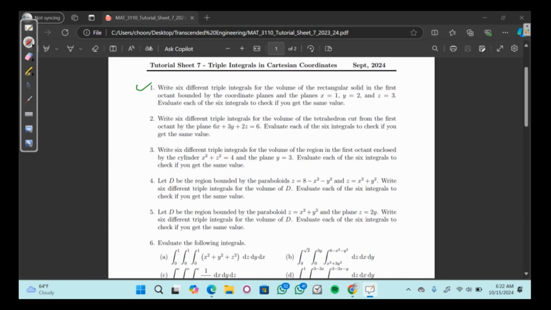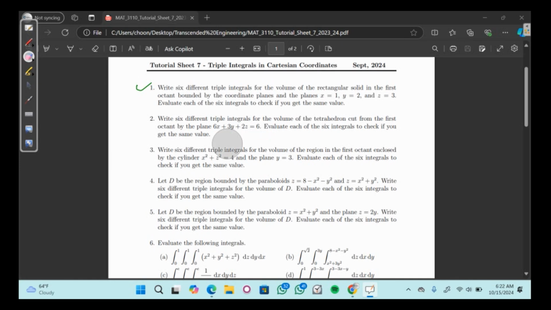Looking at question 2, it says write six different triple integrals for the volume of the tetrahedron cut from the first octant by this plane here. Then we have to evaluate each of the six integrals to check if we get the same value.